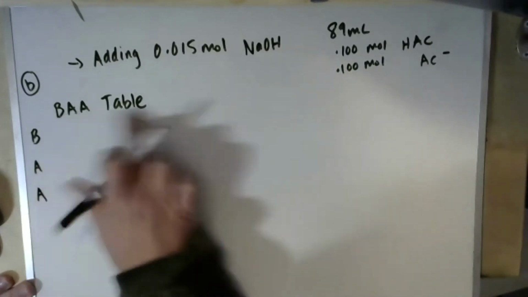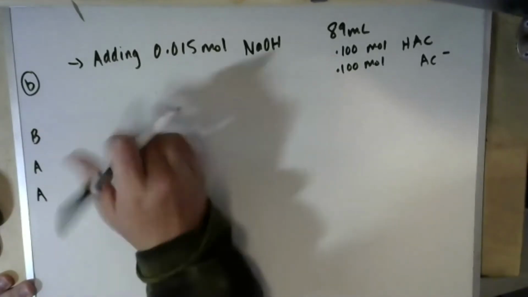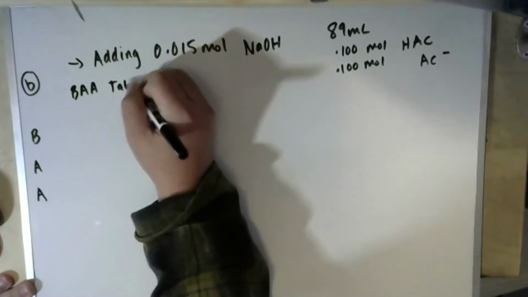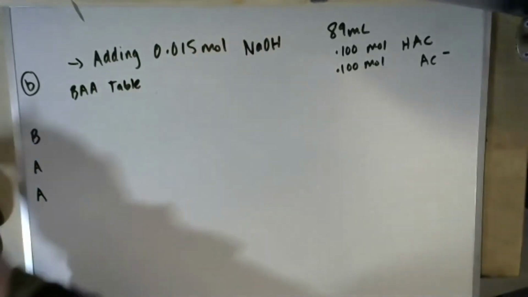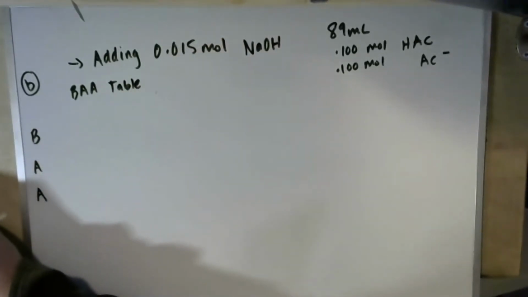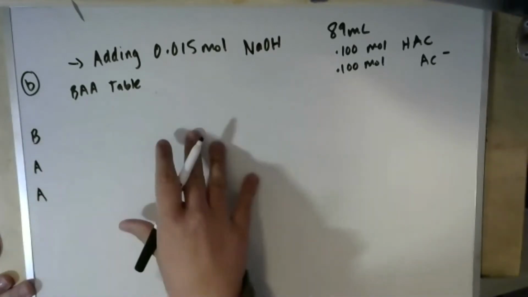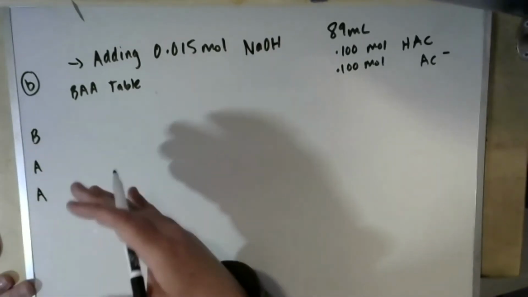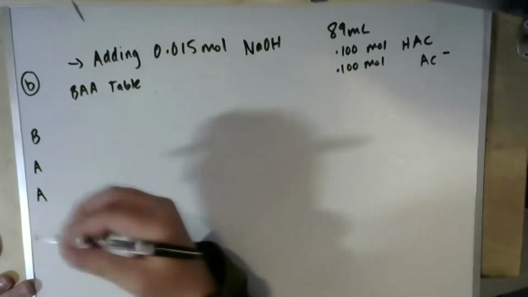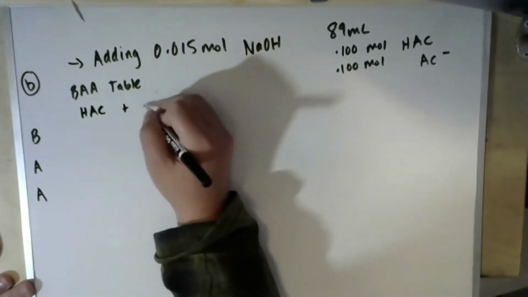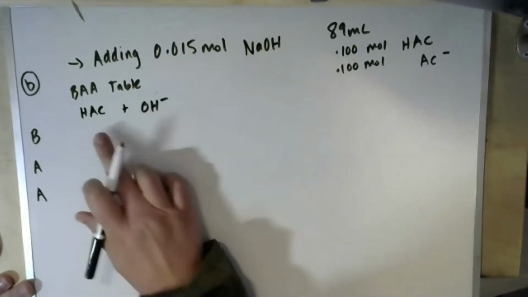Okay, just move this up a little bit. And you can just write this out. Again, write it out to mimic what it is you're doing in the reaction itself. So we have acetic acid, and we're going to add this base to it.